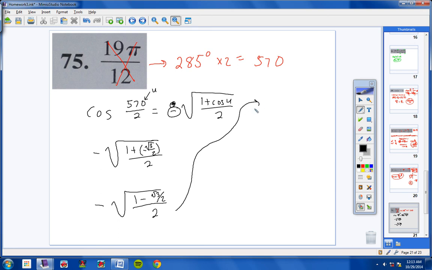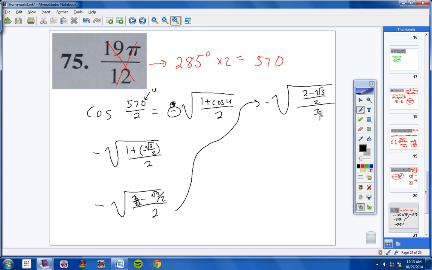And then we'd have negative square root 2 minus square root of 3 all over 2 all over 2 over 1. And what I did from here to here is for the 1 here, I just put 2 over 2, okay?